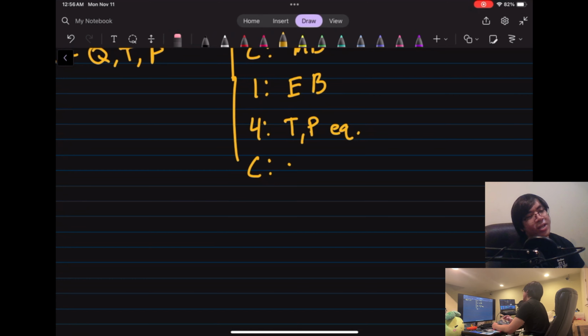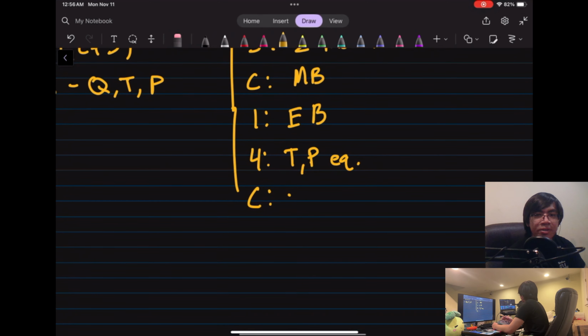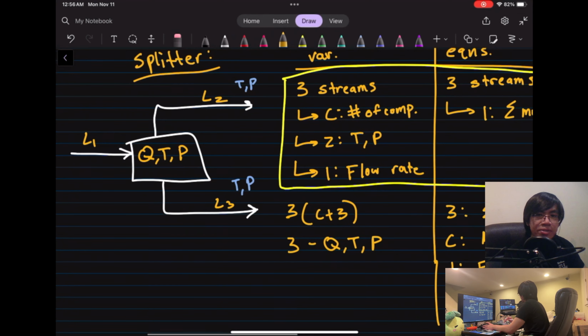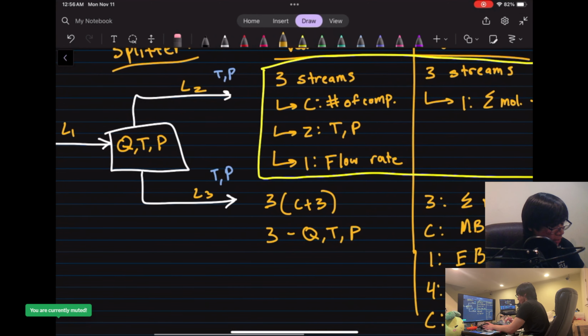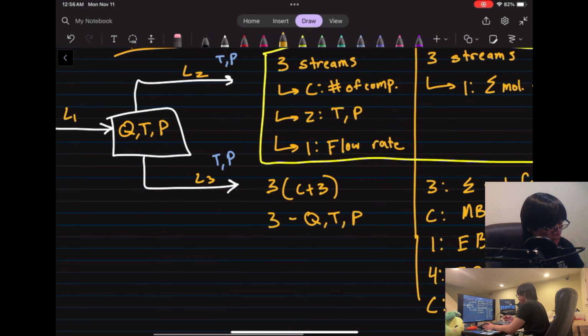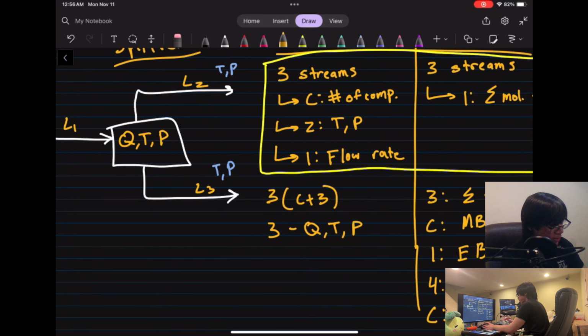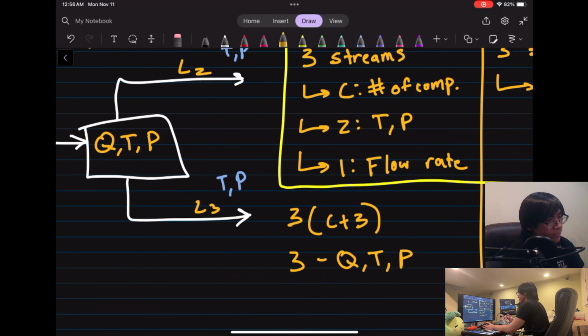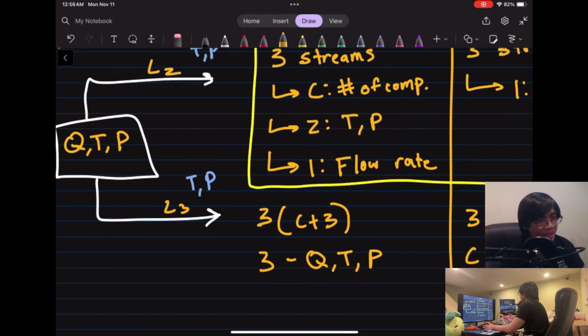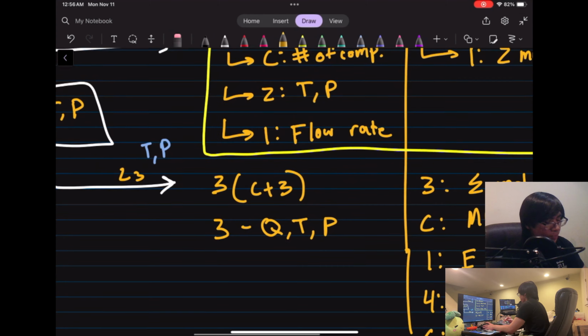It's not necessarily, we'll be using another C term. I'm just trying to differentiate how this should look with the other term, since that will be with equilibrium. And in this case, we don't have an equilibrium. It's just one phase going in and out, but it does have different molar fractions. And the equation we're trying to write to represent this, I guess the number of equations, is that the molar fractions of the two outlet streams must be equal to this system with respect to the number of components they have.